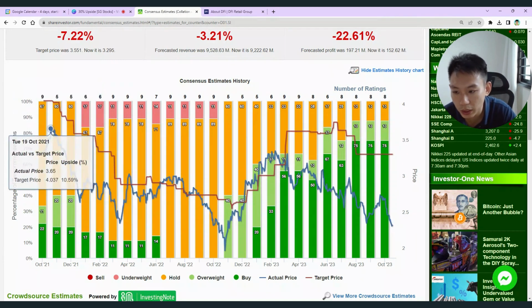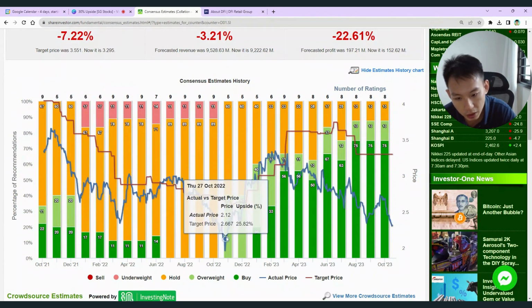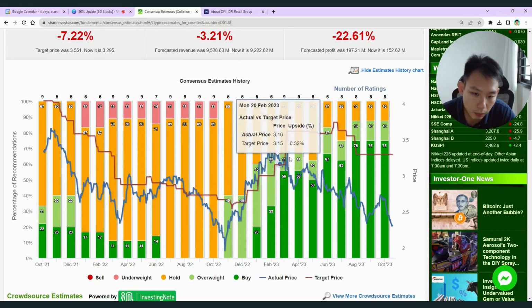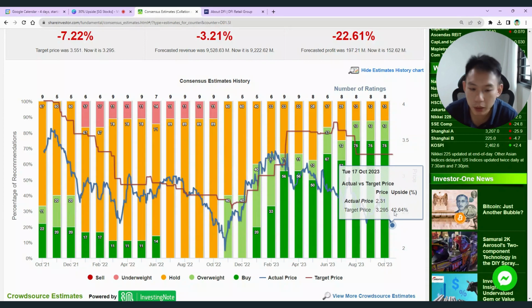Because if you look at it, although the share price came down sharply to $2 as of October 2022, one year ago, it has rebounded but came down again, maybe due to the macroeconomic environment, whereby right now there's high inflation and high interest rates.